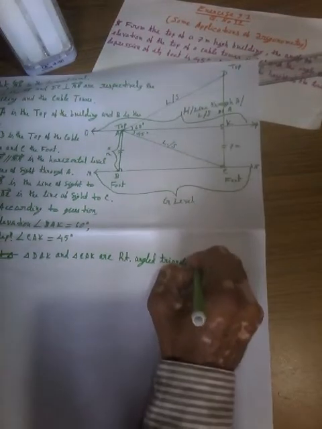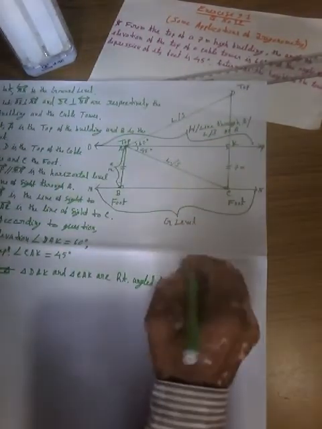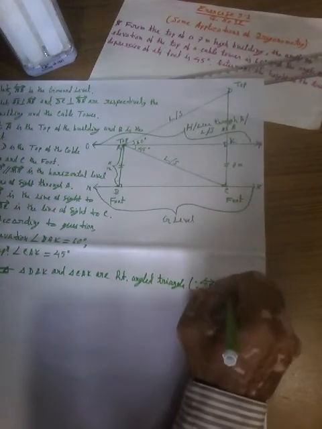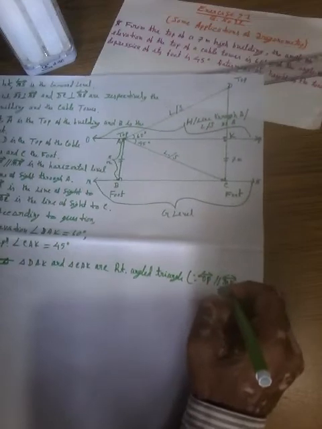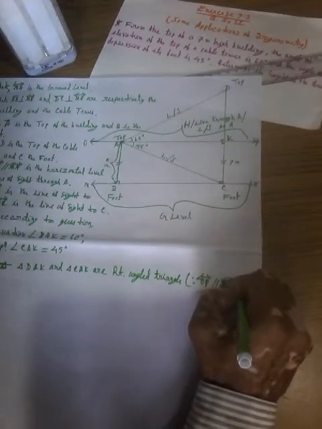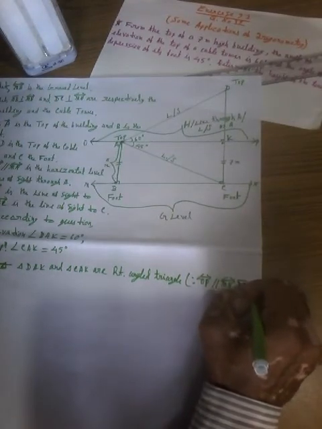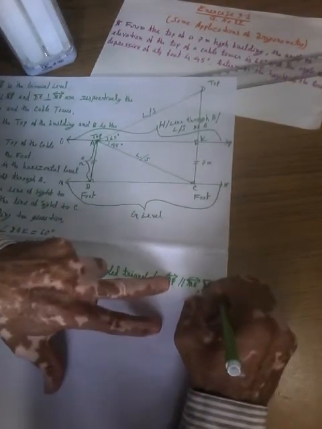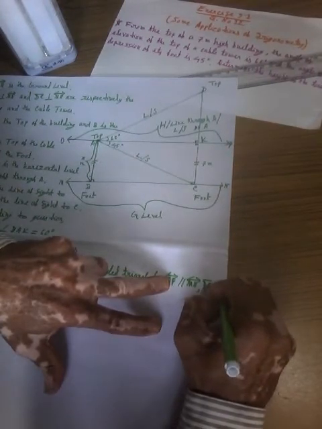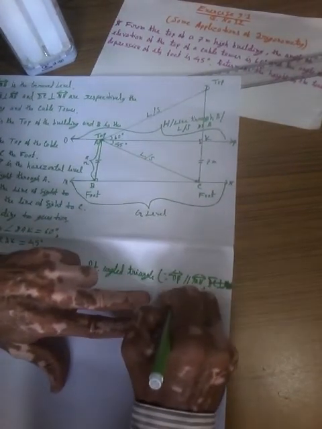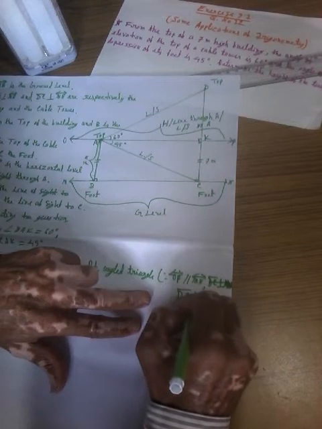Write within bracket, since OP is parallel to MN, DC is perpendicular on MN.